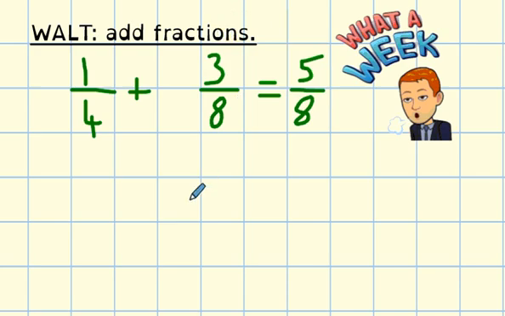So again, 4 is a factor of 8. We've already said that. So I can times this by something to give me the larger value, in this case 8. So I can use 8 as my common denominator.